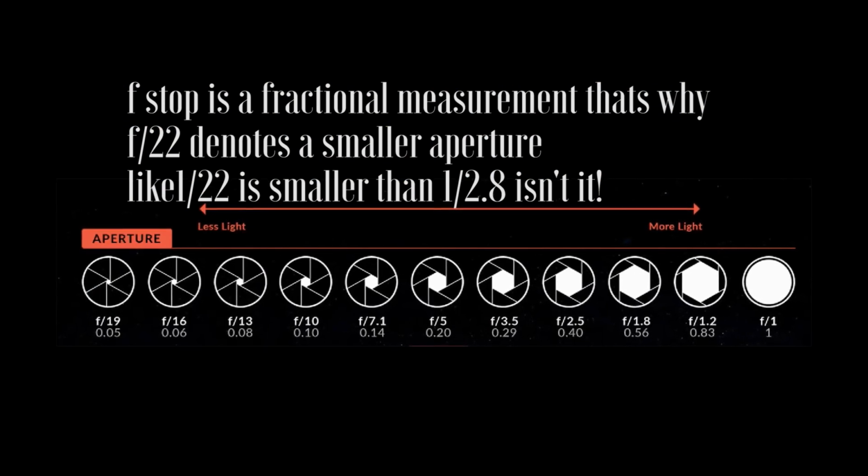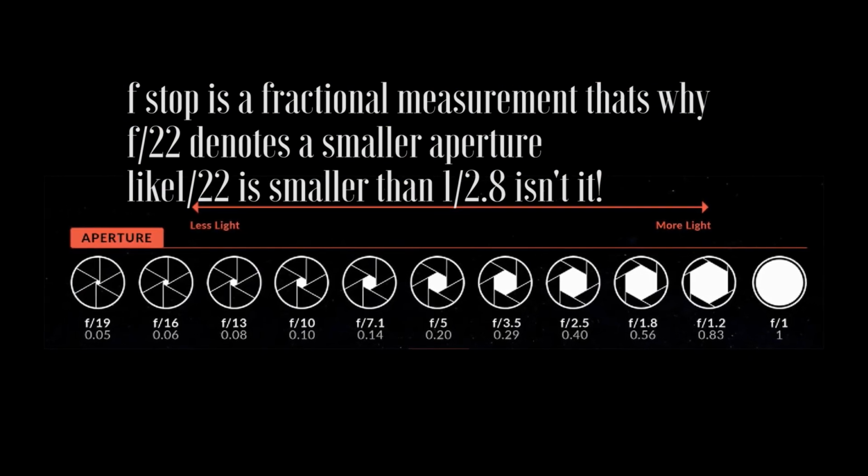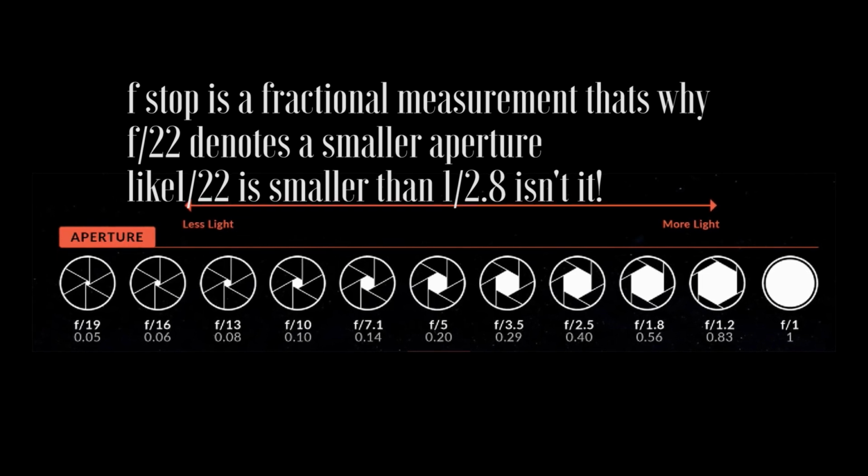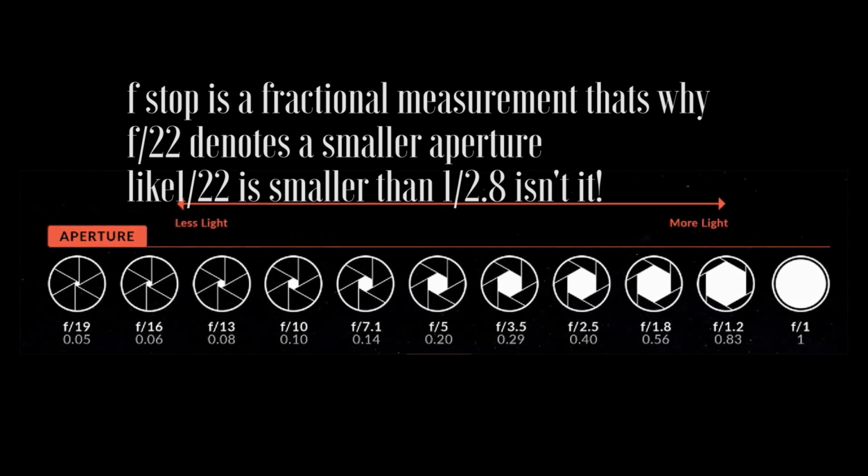So for a larger aperture, it might be f1.7, and for a smaller aperture, it might be a higher number like f3.8. A larger aperture means a bigger pupil, and a smaller aperture means a smaller pupil. As I told you before, a smaller aperture allows less light to enter, which means less exposure. A larger aperture lets in more light, which means more exposure, and that increases the quality of the photo.